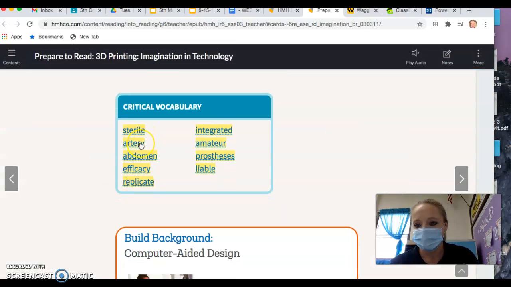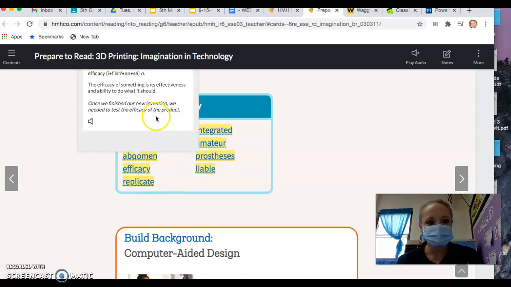An artery is a blood vessel that carries blood away from the heart, full of oxygen to your body. Your abdomen is your midsection that has all of your digestive organs in it. Efficacy is something's ability to do what you expect it to do.